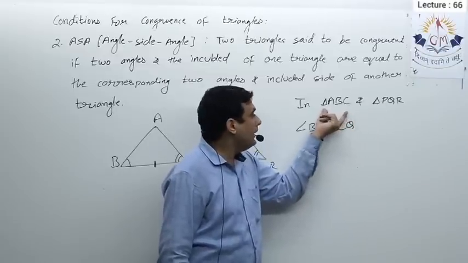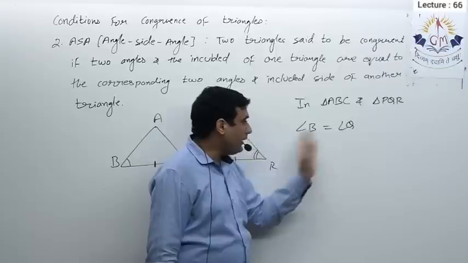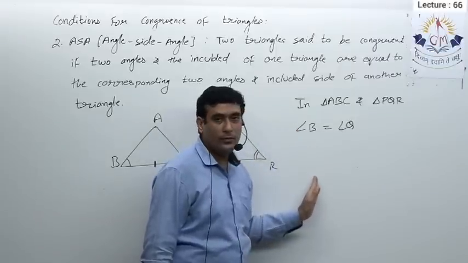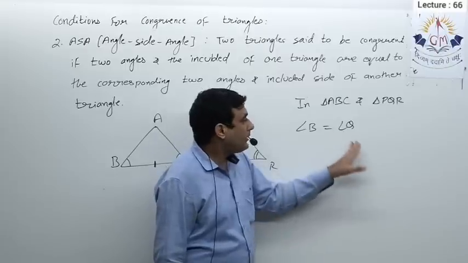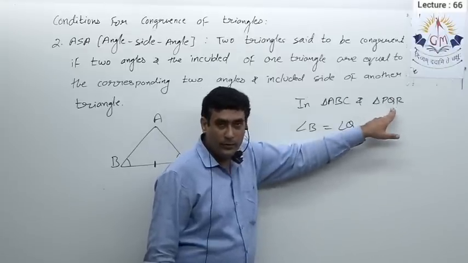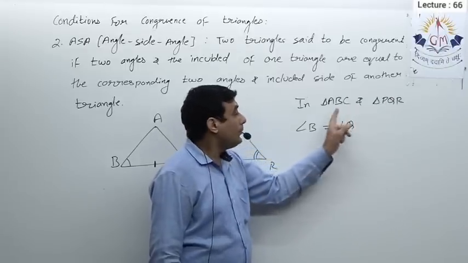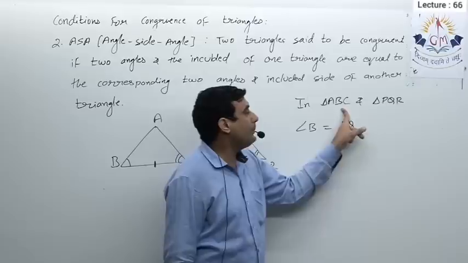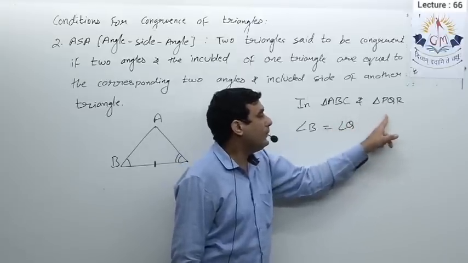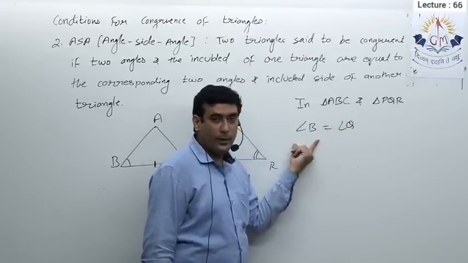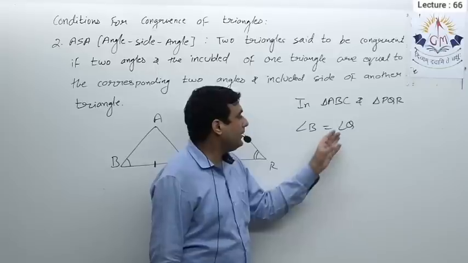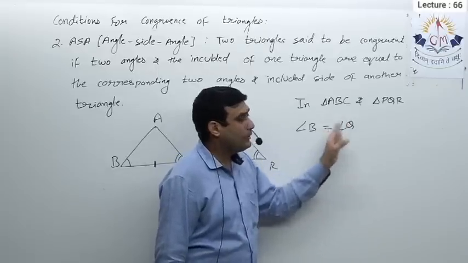So first I wrote triangle ABC, so on the left hand side I write the parts of triangle ABC, and on the right hand side the parts of triangle PQR. Suppose if I write triangle PQR and triangle ABC, then I write the parts of triangle PQR on the left hand side and the parts of triangle ABC on the right hand side.